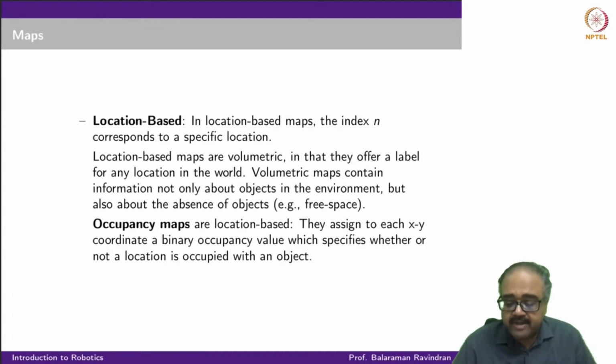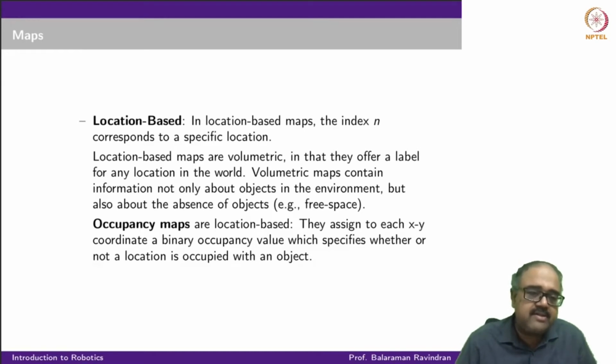So if I want to know if there is a particular location to which I can move, having a location-based map and seeing that location marked as free space is a useful thing to have. In many cases, when I want to do planning, path planning and so forth, I would like to have this kind of location-based map.